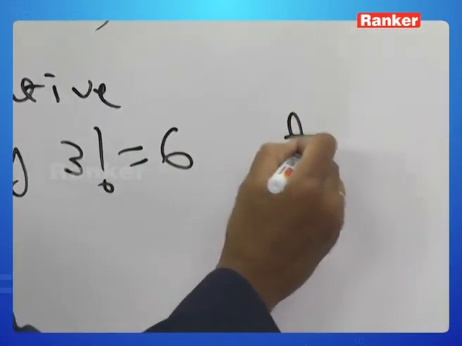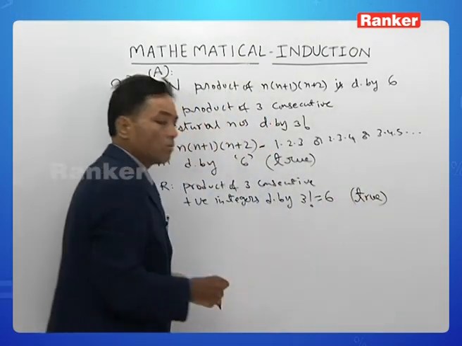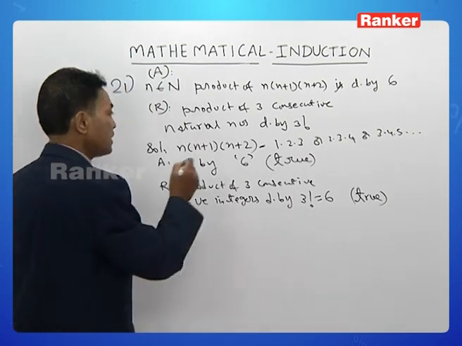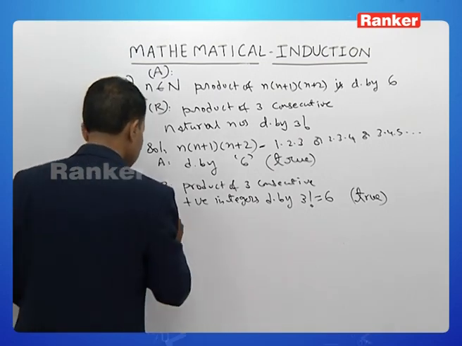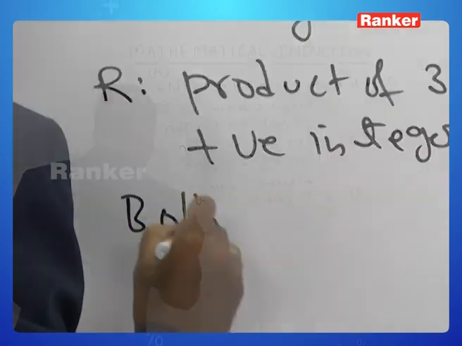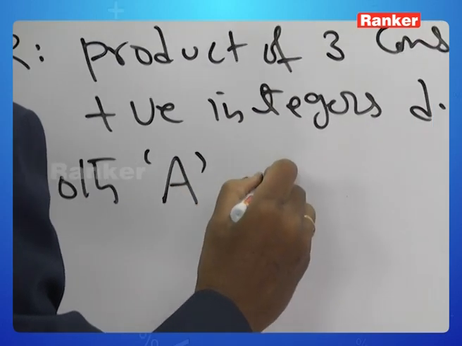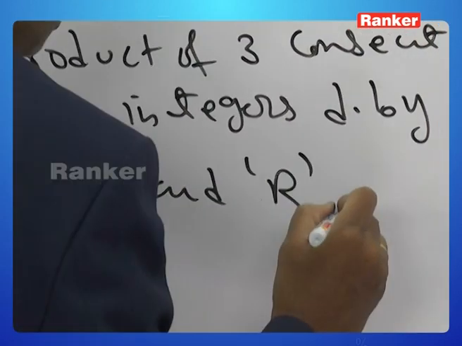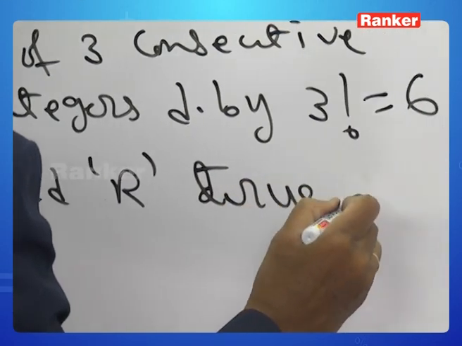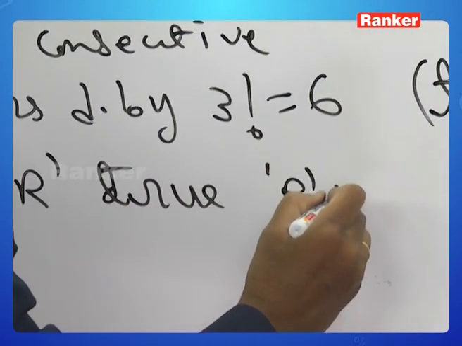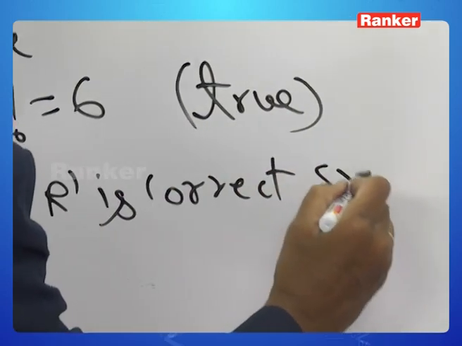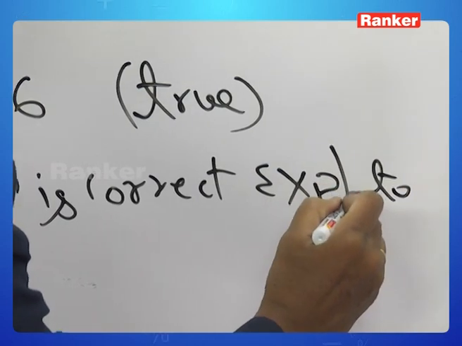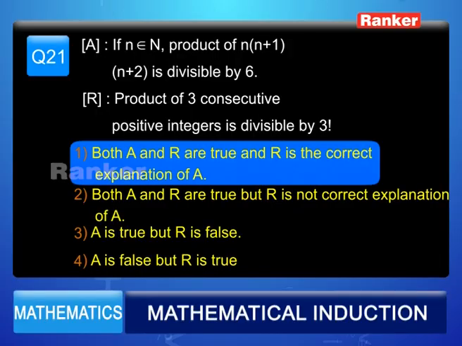So, this is also true. So, what is the right answer? Yes, both A and R are true, and R is the correct explanation to A. So, that is your right answer, the right option.